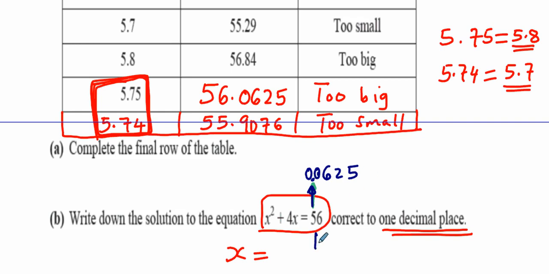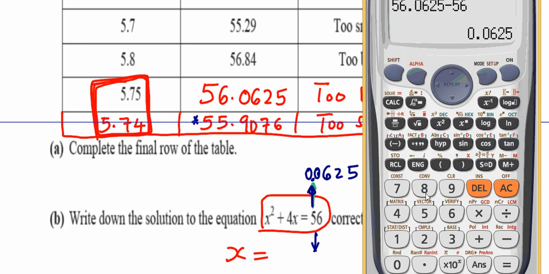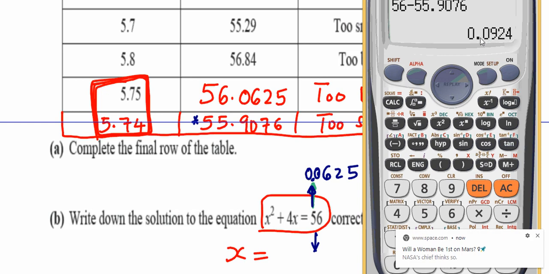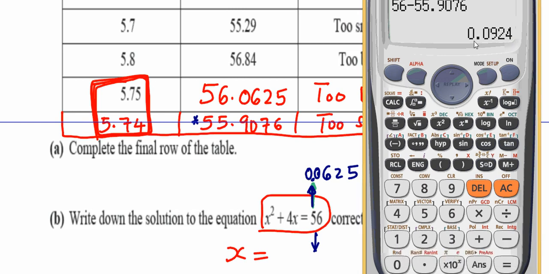Okay, now let us compare 56 with this 55.9076. How small is this number? So you take 56 minus 55.9076. The difference is 0.0924.